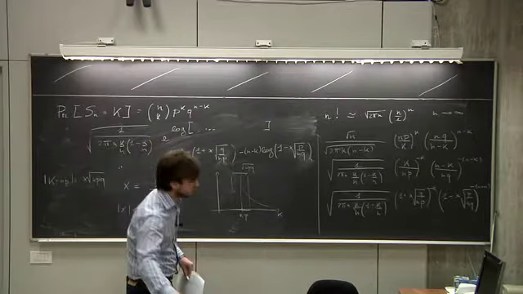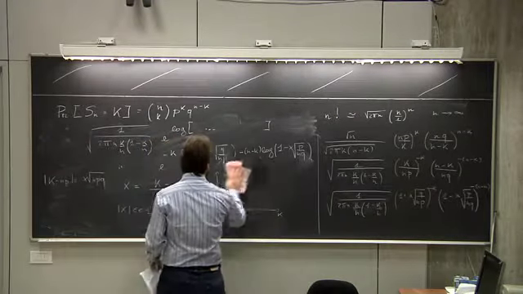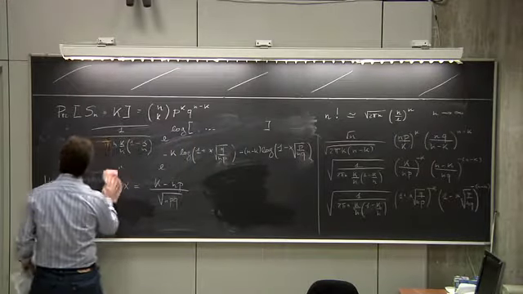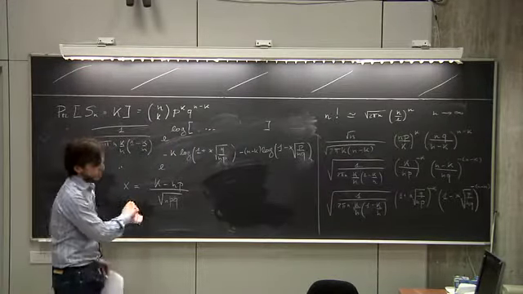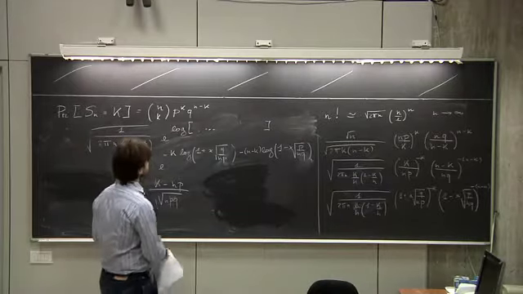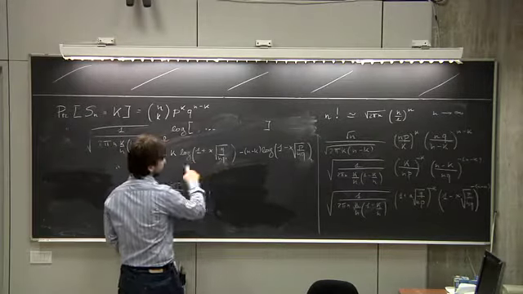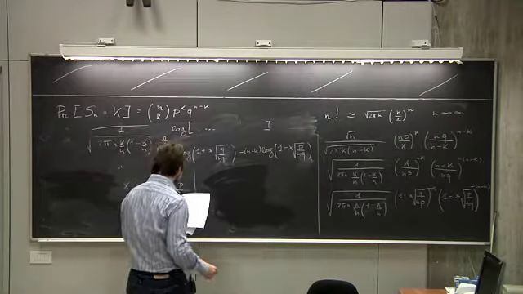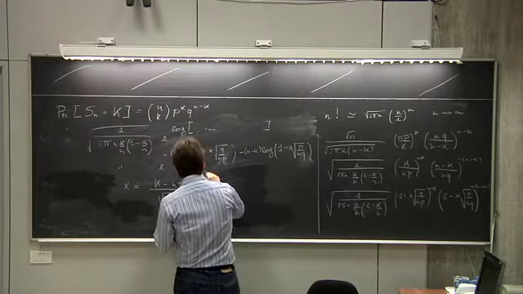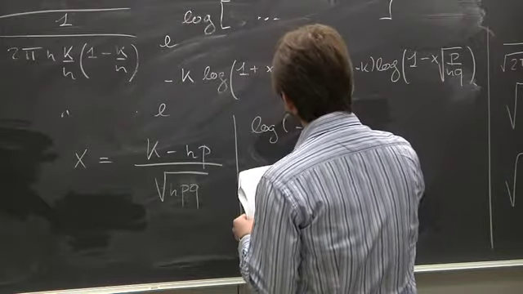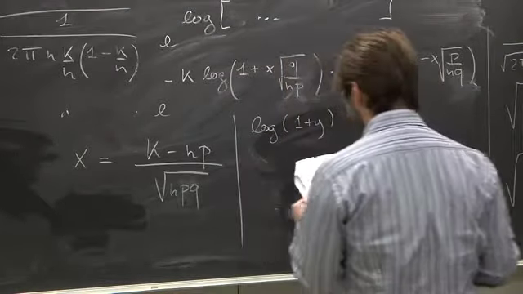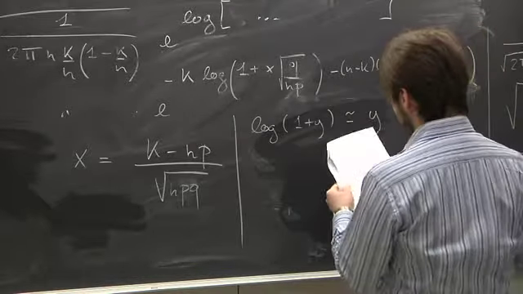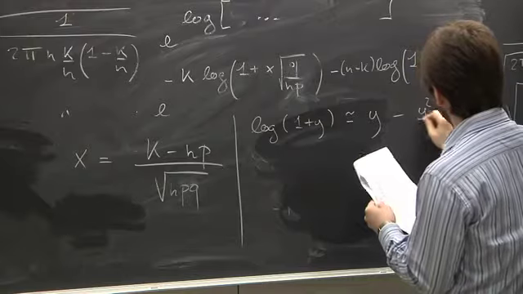Okay, so the message is just that we will consider x as a small quantity, and we will use the expansions for the logarithm of this expression. I just want to remind you that the logarithm of 1 plus y, we can expand it and get y minus y squared over 2.